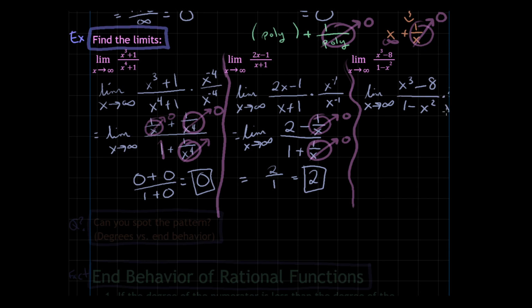We're multiplying by x to the negative 3 because 3 is the highest power. Okay, dividing everything by x to the third, I'll have 1 minus 8 over x to the third, and then 1 over x to the third minus x squared over x to the third is x.